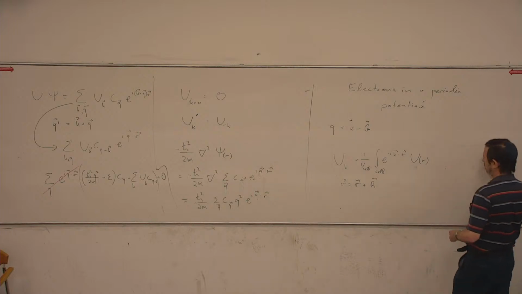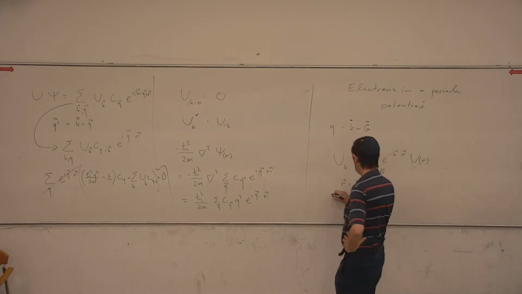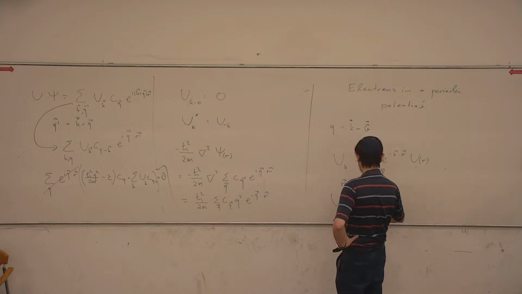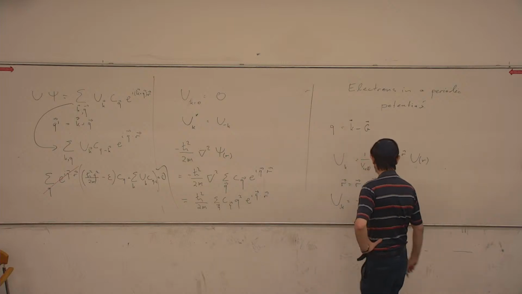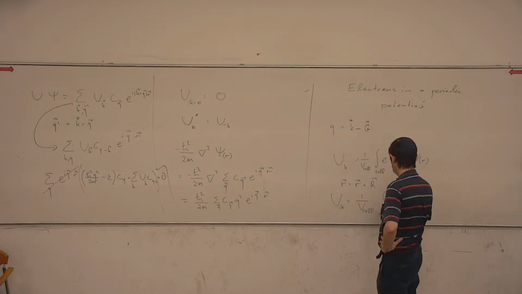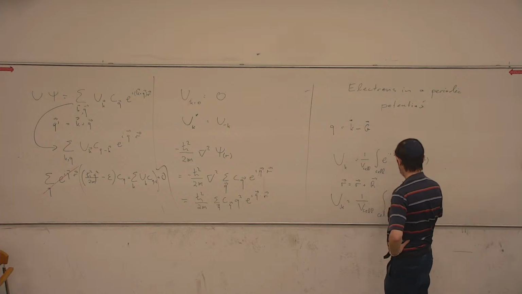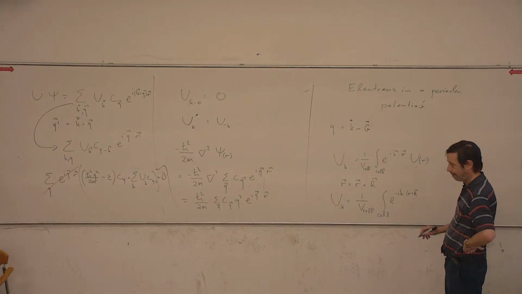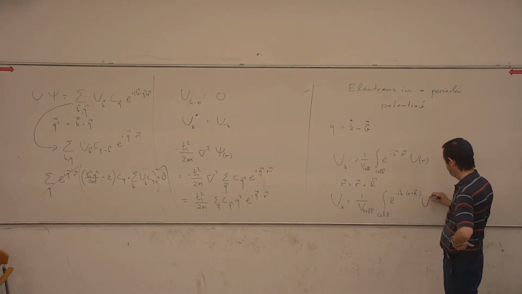So this should be equal to... It's a reciprocal lattice vector, okay? Meaning we can get rid of an integral if we want.